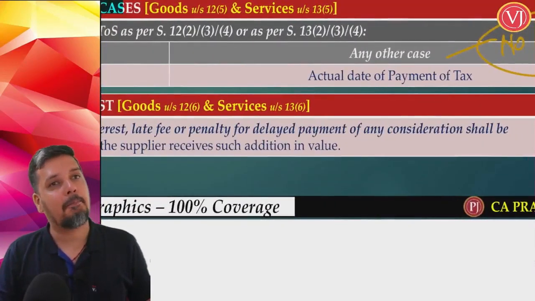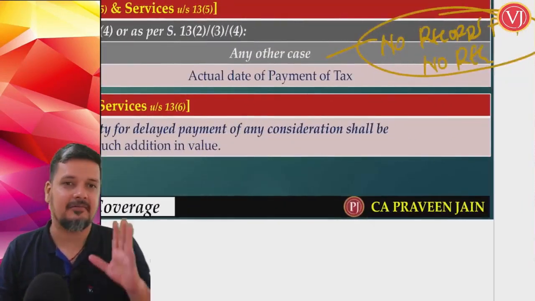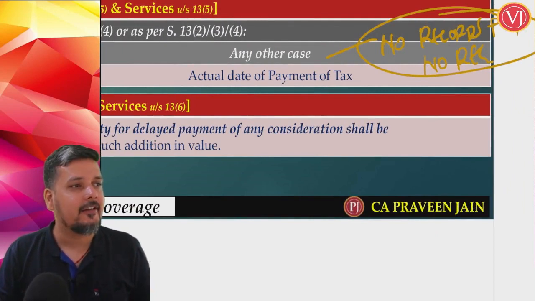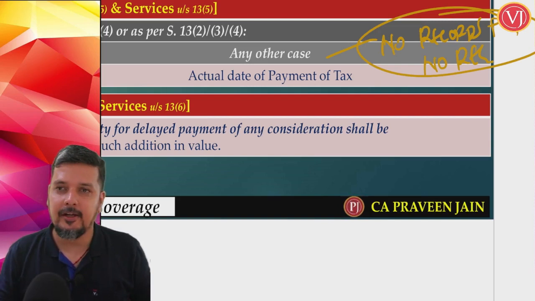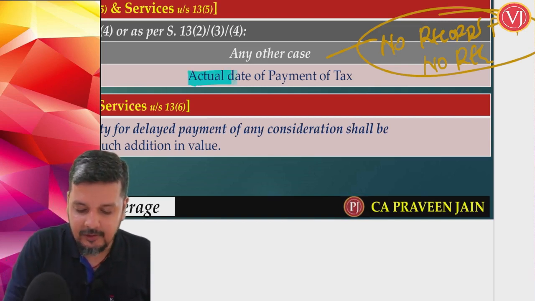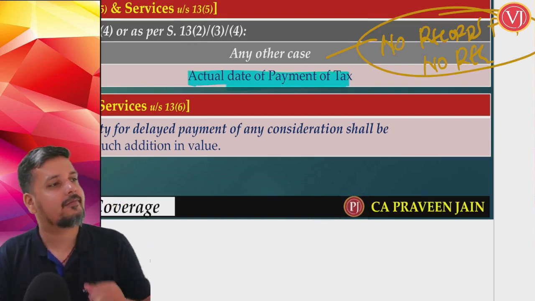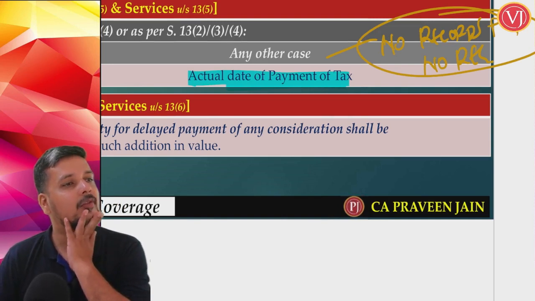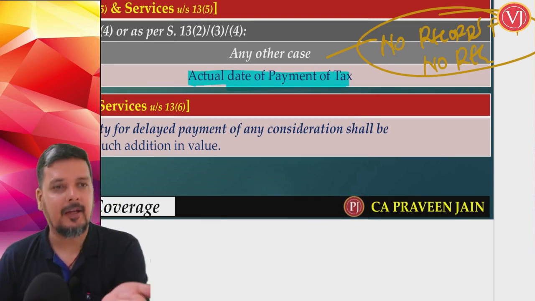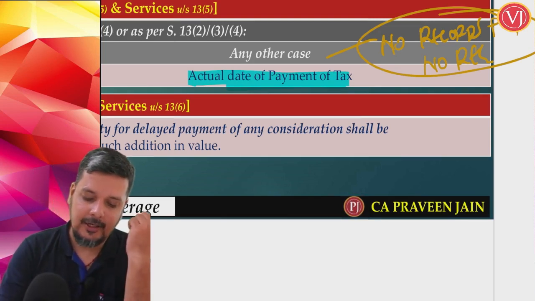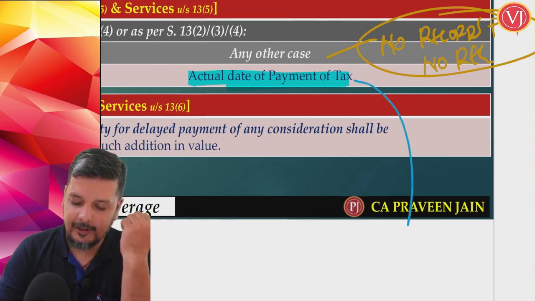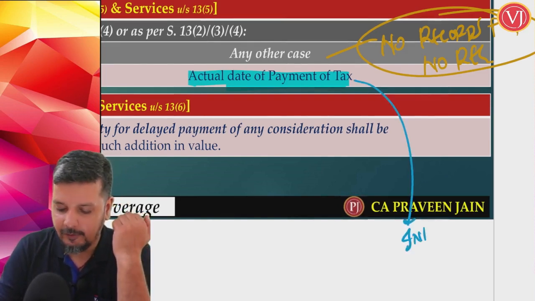And if you're a big fraud person, pakka, well-trained fraud person, no records, no registration, you're not required to file any periodical returns. It is the actual date of payment of tax. Whenever you're paying, that is the time of supply. And if you read it again and again, you'll find that you will never ever pay interest.